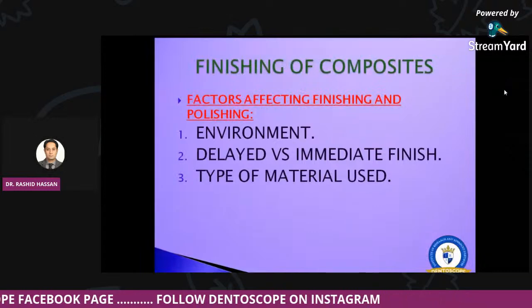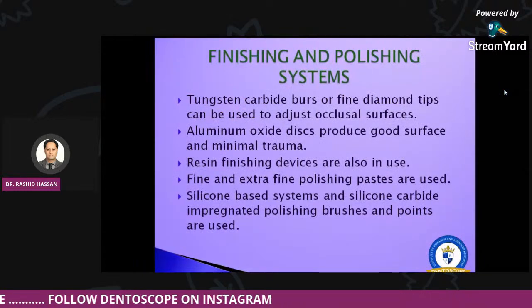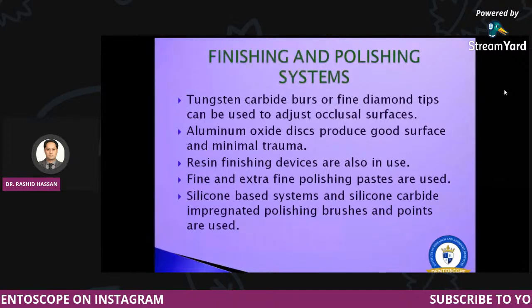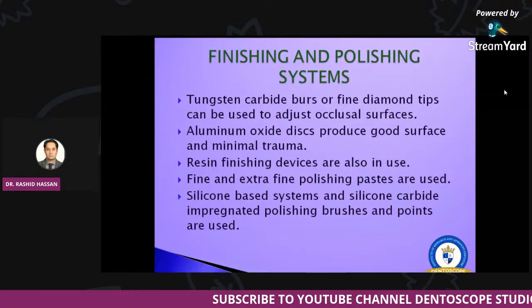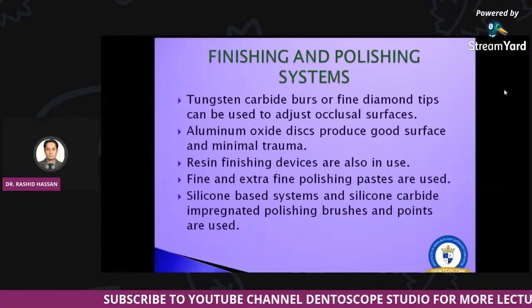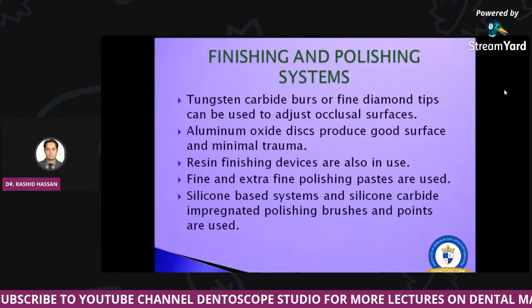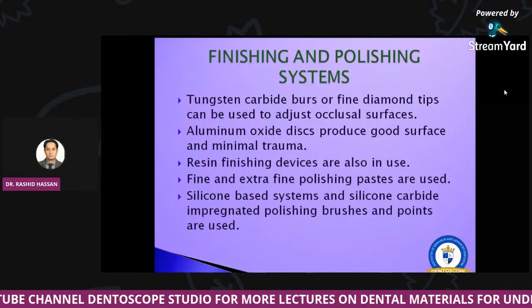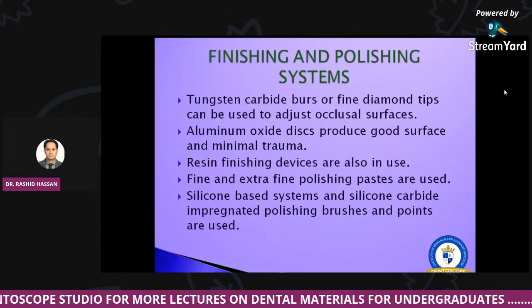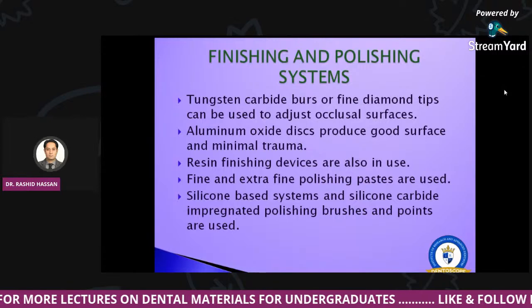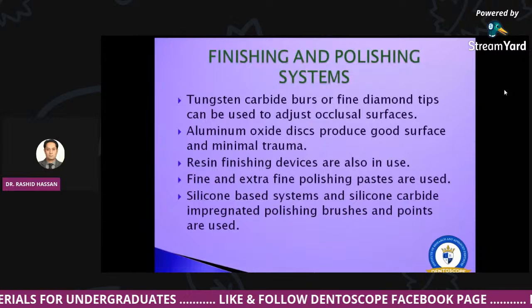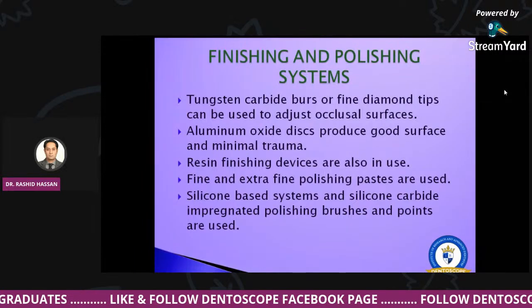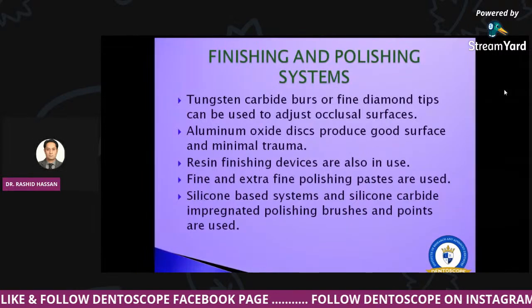Then the third factor is the types of materials used for polishing. Tungsten carbide burs or fine diamond tips can be used to adjust the occlusal surface. Let's suppose you're doing a filling in the upper molar region, you check the high spots with articulating paper, and you see the high spots. Then you use the tungsten carbide bur or fine diamond tips for the occlusal surface adjustment.